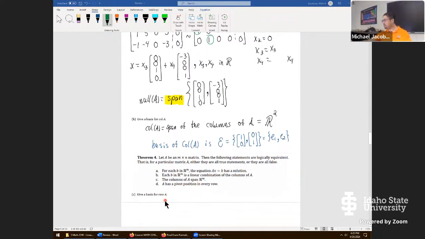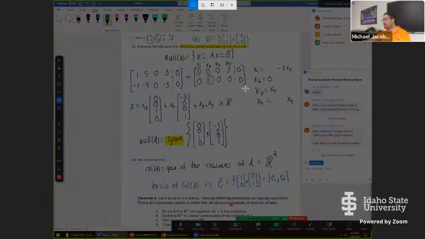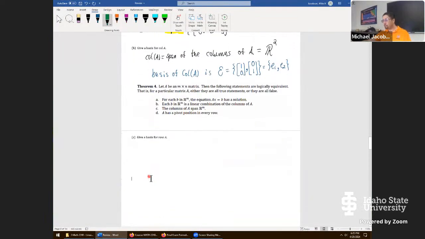Okay, let's answer it just so that it's been answered, but I won't be asking any row space questions on the real final exam. I try not to ask any on the actual homework itself, but a basis for the row space, this is just for the curious, would be this. And it certainly looks weird.